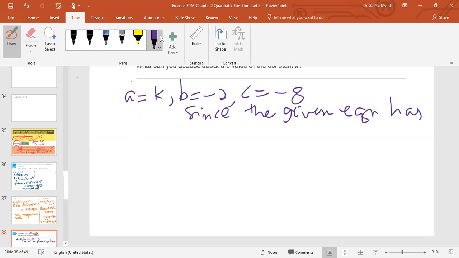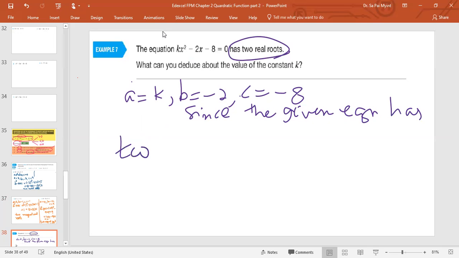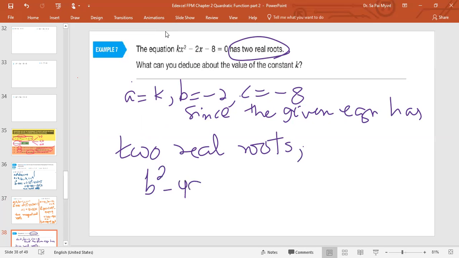The given equation has two real roots. So b square minus 4ac greater than 0.